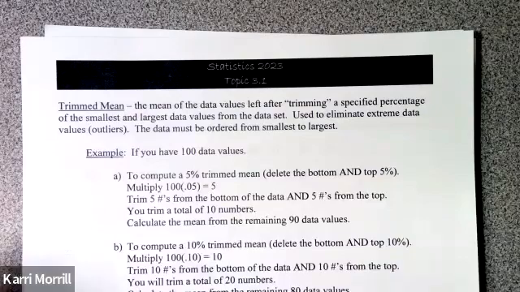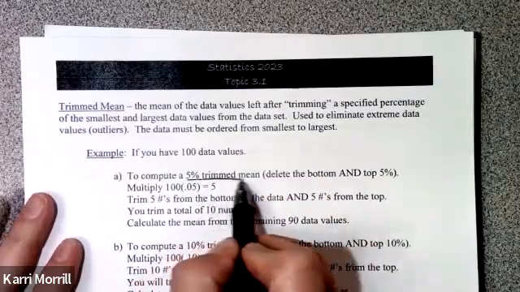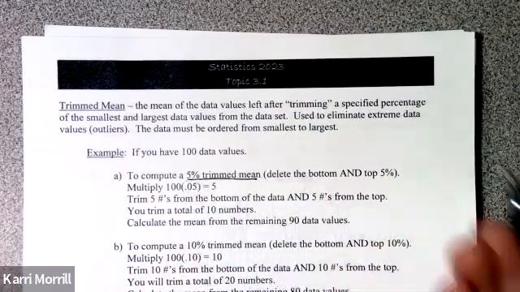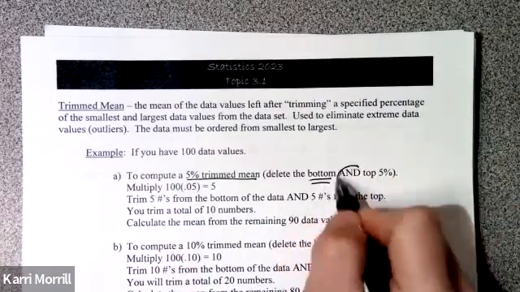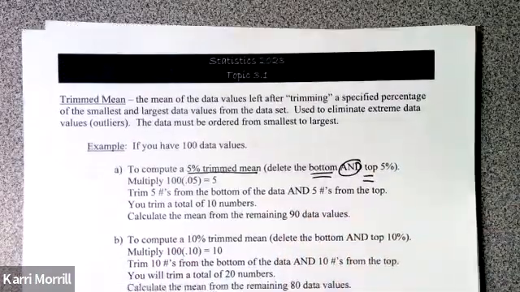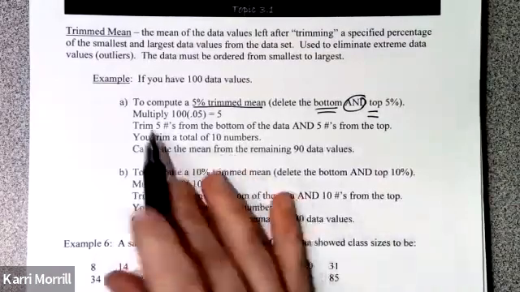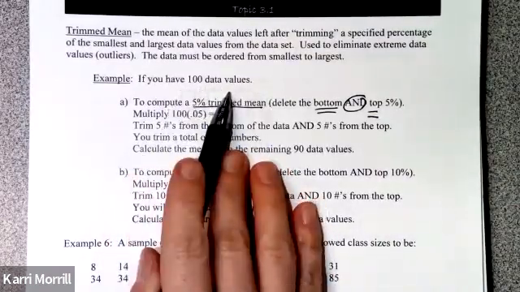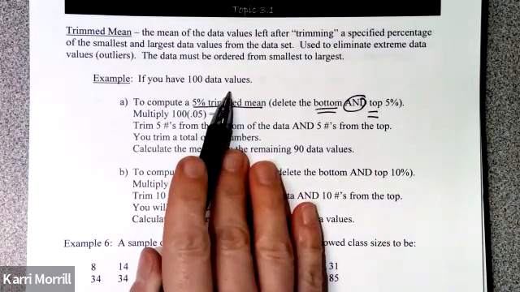So we're going to do two things. We're going to compute a 5% trim mean. So that means you're going to delete 5% off the bottom and the top. Let's say you have 100 values, 100 digits that you're looking at.